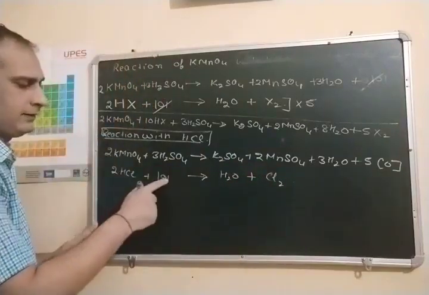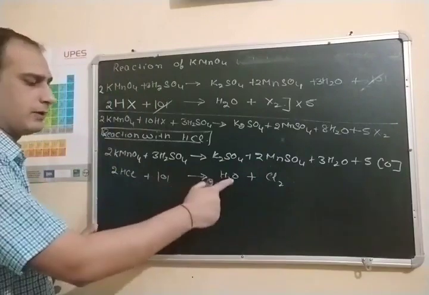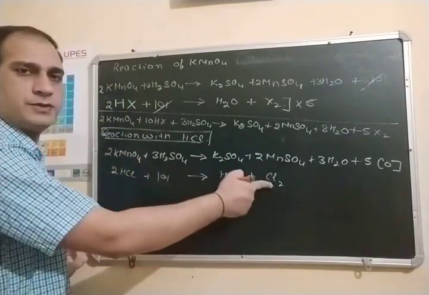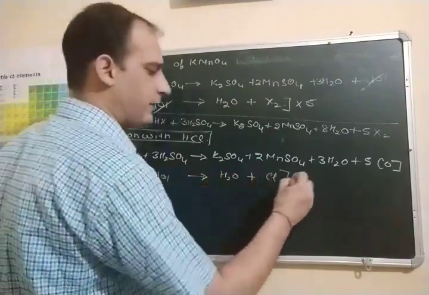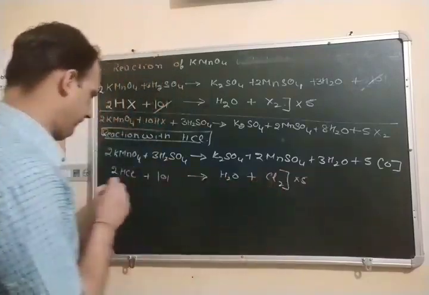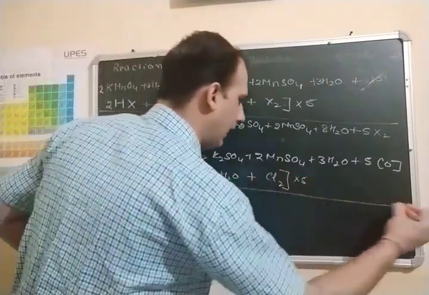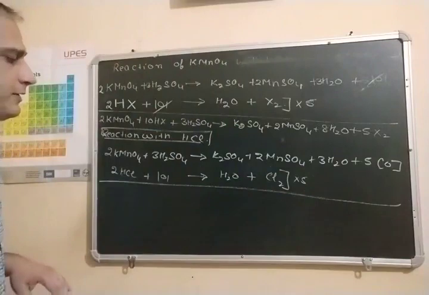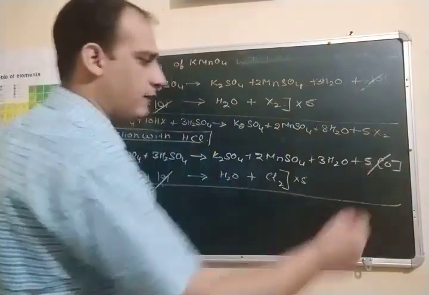2 HCl, 2 hydrogen, 1 oxygen, water, and 2 Cl atoms will constitute water and Cl2, and 5 such reactions will be carried out. As far as the overall equation is concerned, the oxygen will be cancelled out.